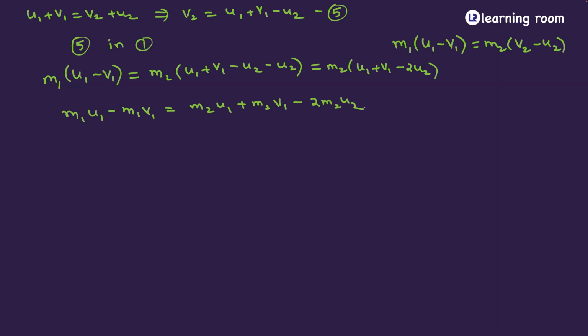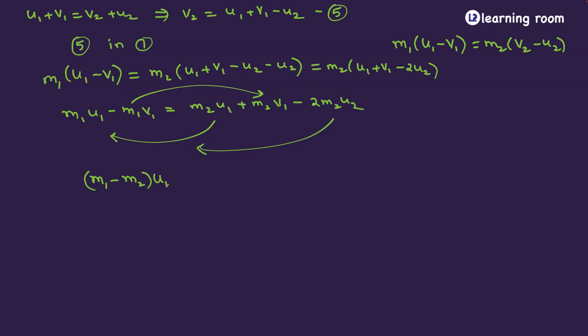Collect all the v1 terms on one side and all other known terms on the other side. So take m1 v1 to the other side, take m2 u1 and m2 u2 to the left hand side. M1 u1 minus m2 u1 becomes m1 minus m2 into u1.